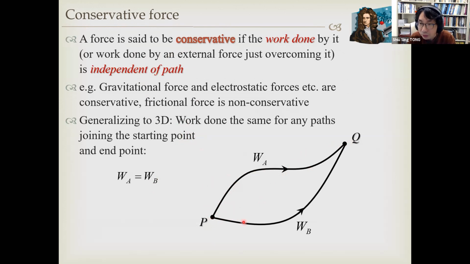So if you go from P to Q along path A, you get the work done WA, and along another path, you get WB, and WA is equal to WB if the force is conservative. A and B are arbitrary paths. That means any two paths joining the points P and Q produce the same work done.